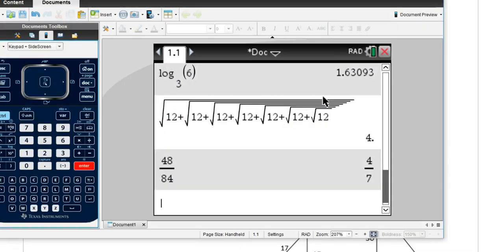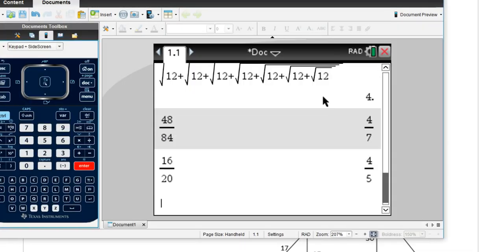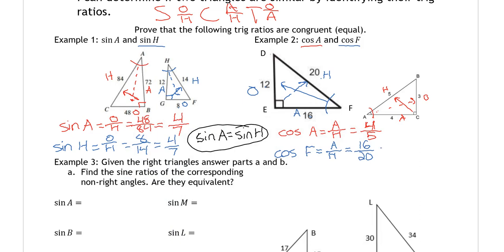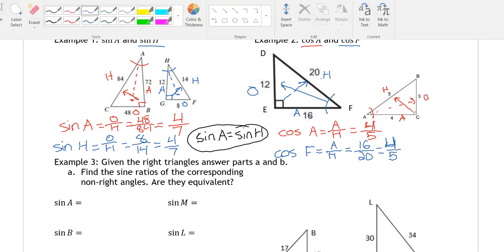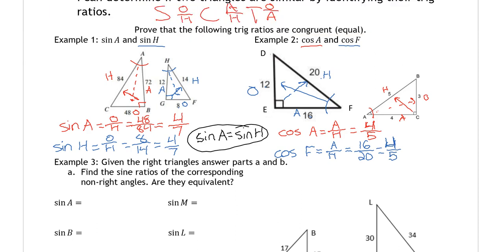And then if I reduce these, I do get 4 out of 5. So again, I can say that these are equal. Cosine of A equals cosine of F. And so that's all I'm doing. I'm just proving that those are equal.